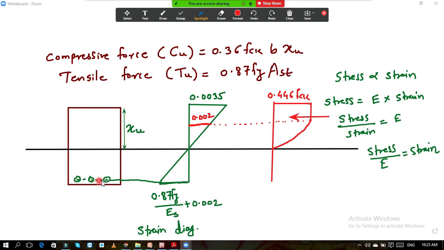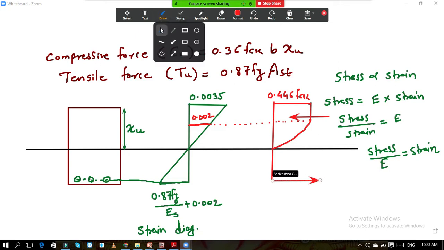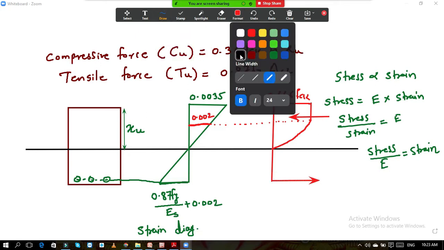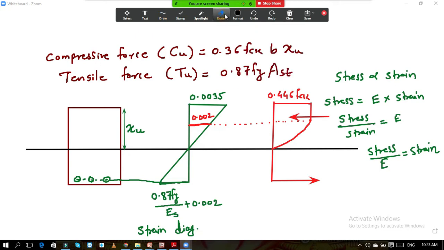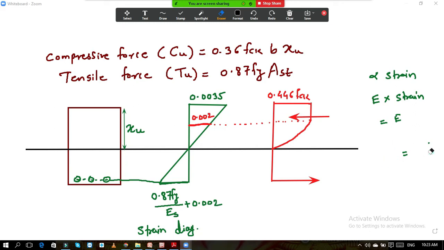So at the level of steel, here is the tensile strain, and at the same level this is acting tensile force. So if I draw the tensile force, then it will be like this, and the magnitude of these forces, we will see the magnitude of these forces.